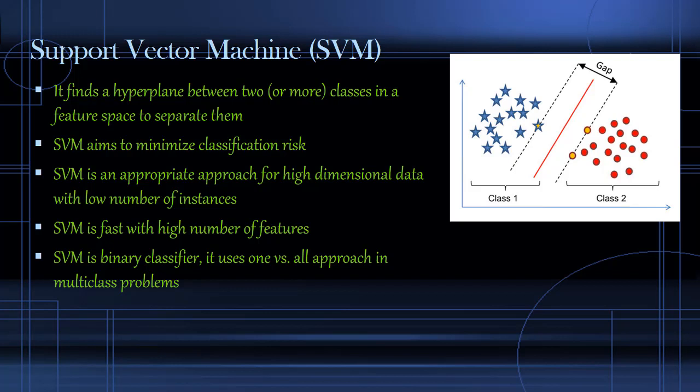Various types of dividing classification surfaces can be realized by applying a kernel, such as linear, polynomial, Gaussian radial basis function, or hyperbolic tangent. SVMs are binary classifiers, and multiple class classification is realized by developing an SVM for each pair of classes.